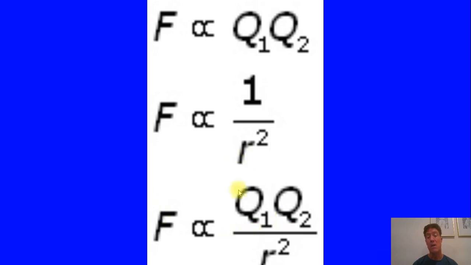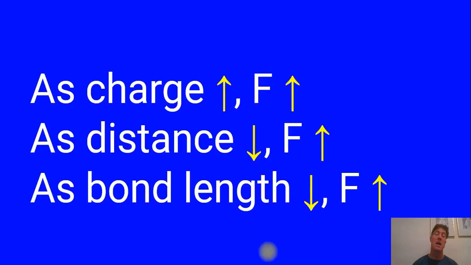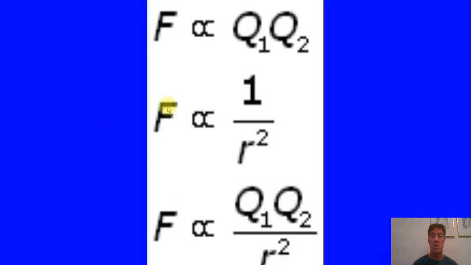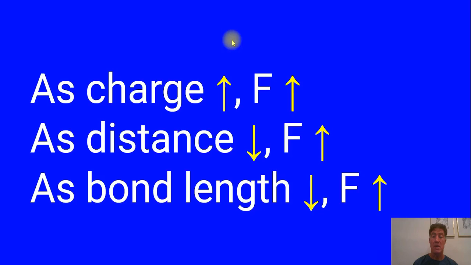We put them both together here, and so this becomes Coulomb's law. The force is proportional to the product of the charges and divided by the square of the distance. So the bottom line, as you can see, when you look at this: as charge goes up, as we get a higher Q1 times Q2, then the force is going to go up.